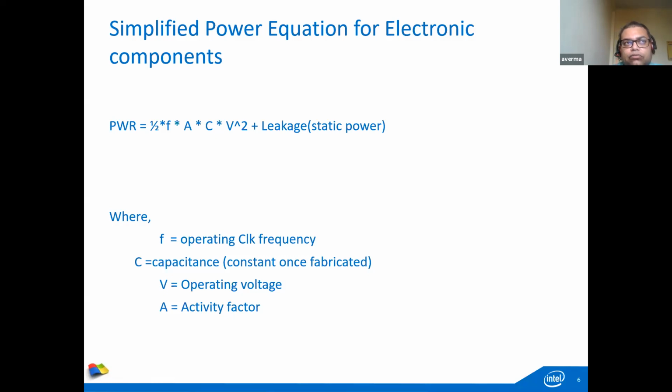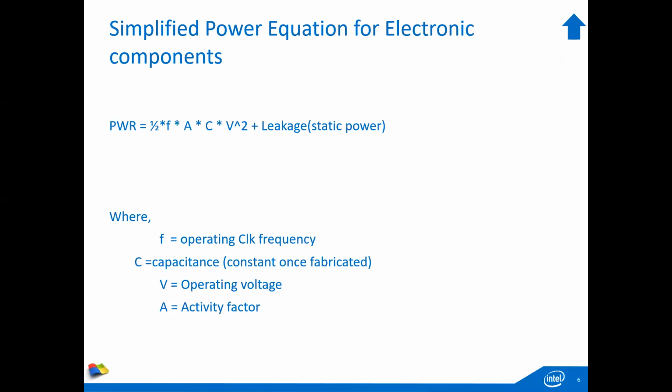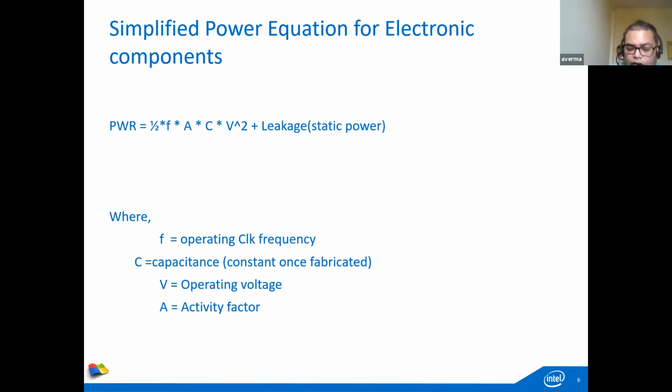If the connection to the supply is disconnected, which is called the power gating state, you don't have any supply, so even the leakage or static power will not be there. So your first part, the dynamic component, will be zero. The second part, because you don't have the supply anymore, also becomes zero. So your entire system power ideally will be zero, except the memory power and some of the wake up logics which are required.